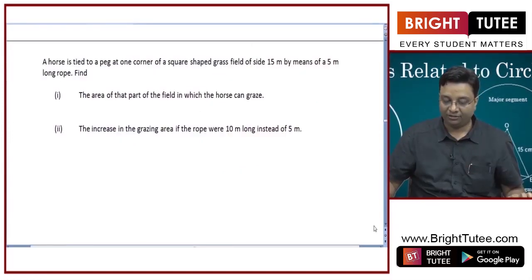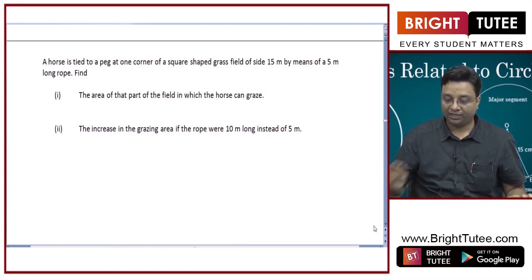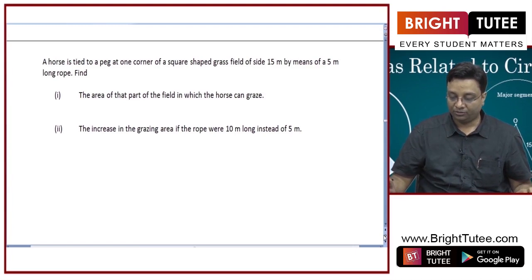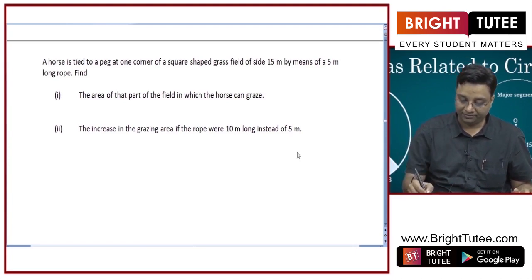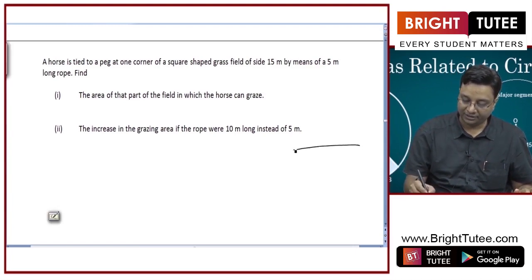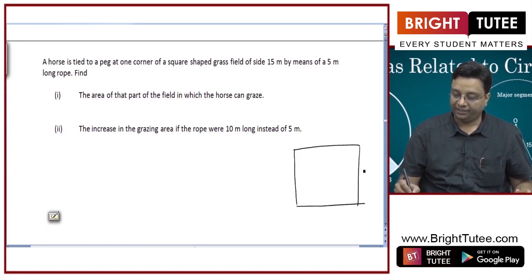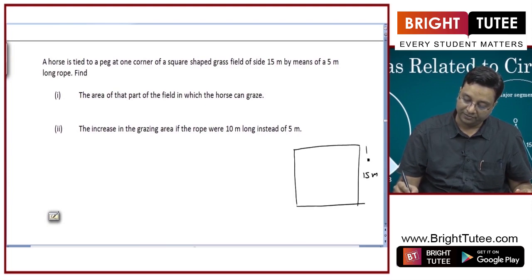A horse is tied to a peg at one corner of a square shaped grass field of side 15 meter. So there is a square shaped grass field. Let us say this is the grass field that the question is talking about, right? And the side is 15 meter.